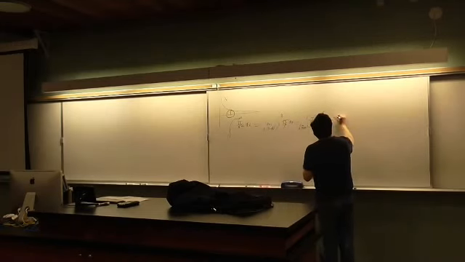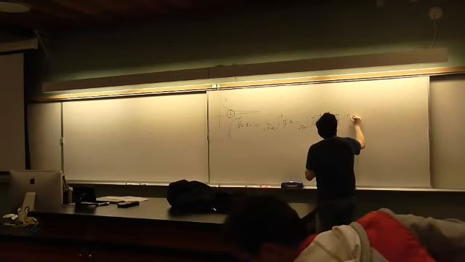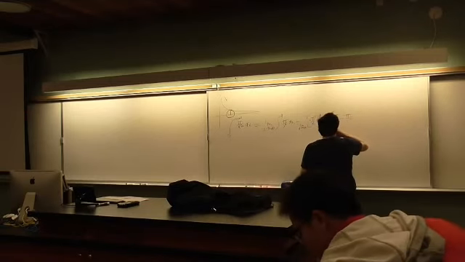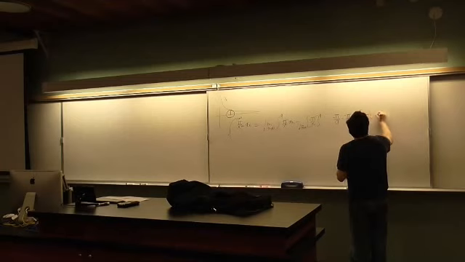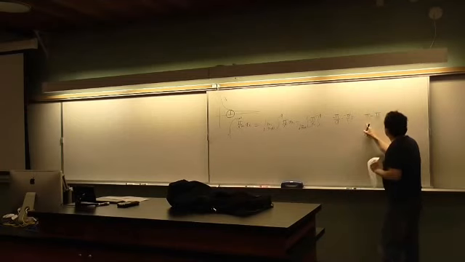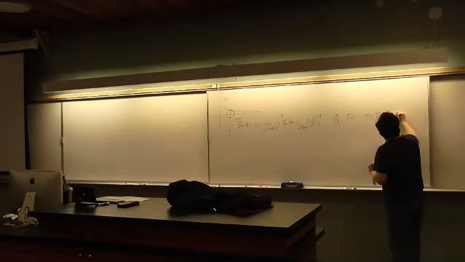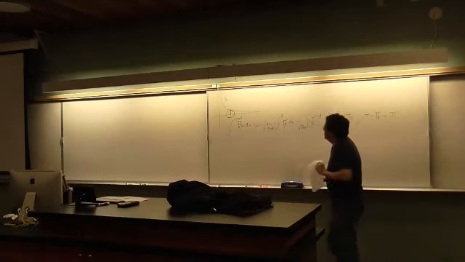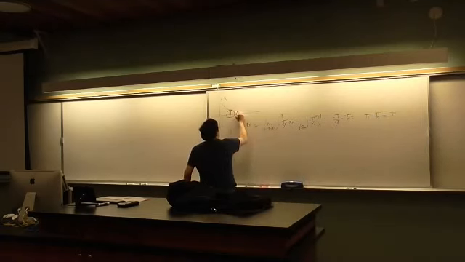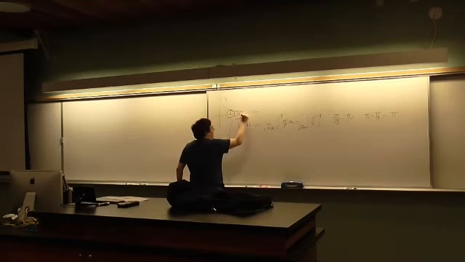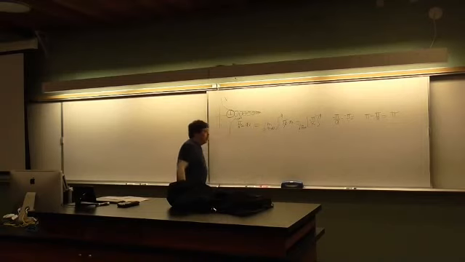And I get negative pi over a minus negative pi over 1, which is just pi minus pi over a, and I take the limit as a goes to infinity, and I get pi. Okay. So the volume of this tube is pi. That was the answer I was looking for.